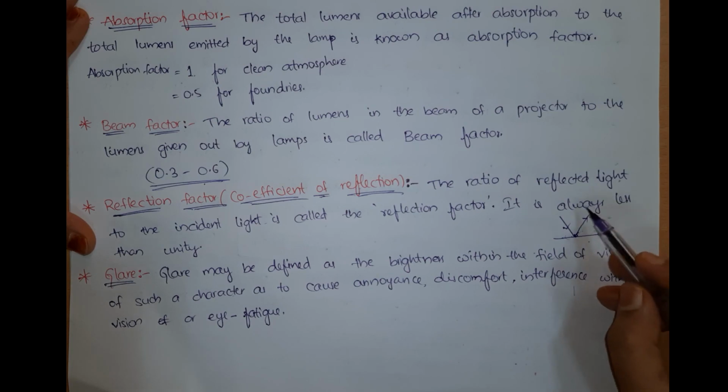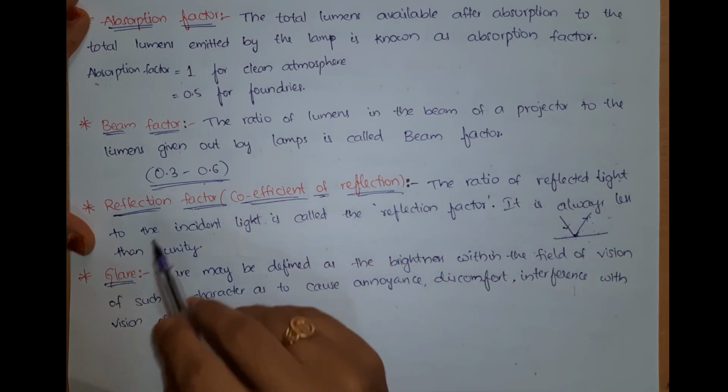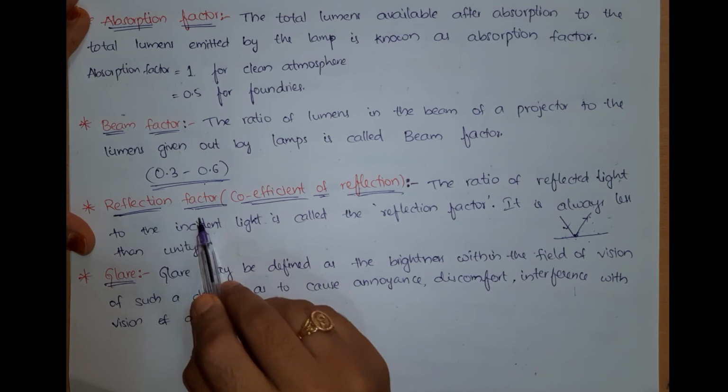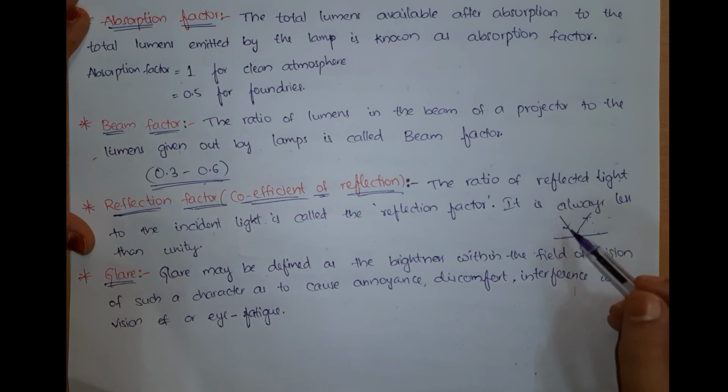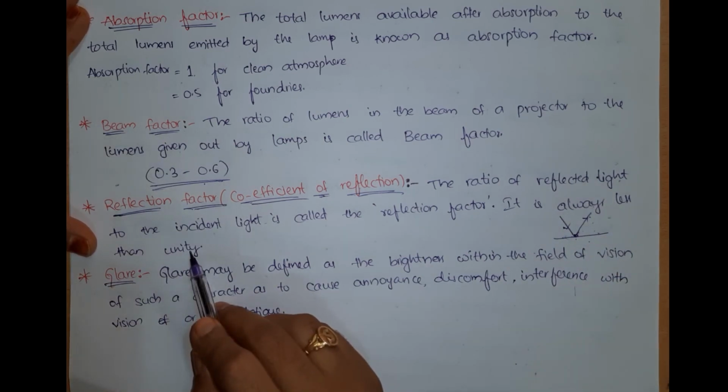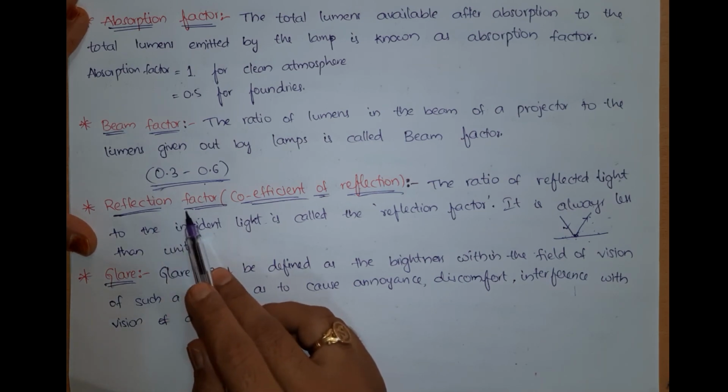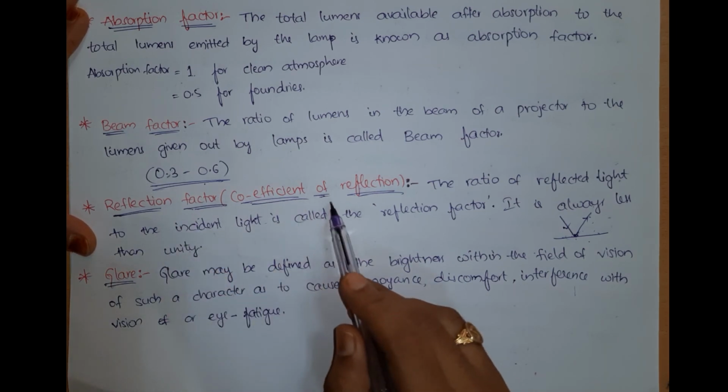The ratio of reflected light to the incident light is called reflection factor. Okay, it will always be less than unity. Why? All of the light incident on the surface will not be reflected back. So it is less than unity. Okay, that is about reflection factor or coefficient of reflection.